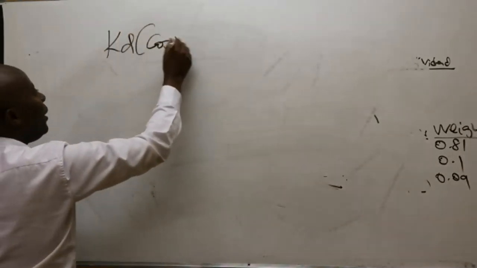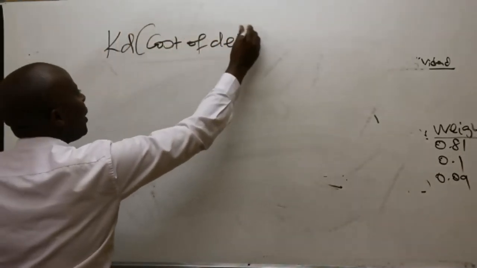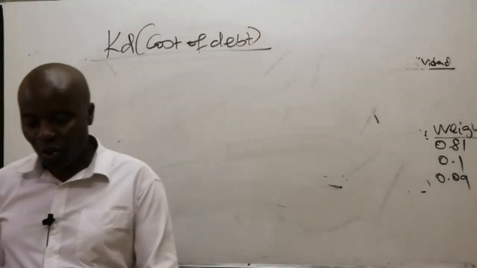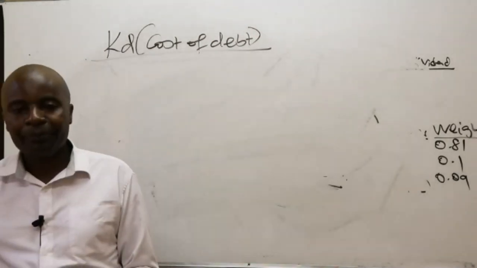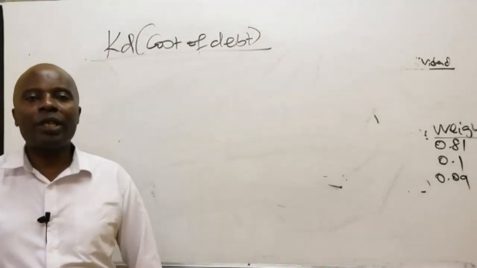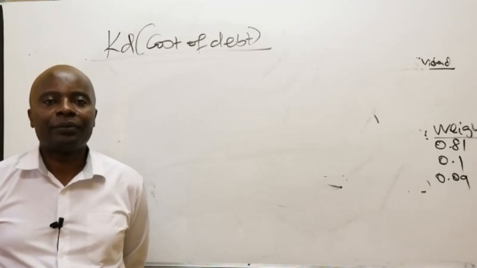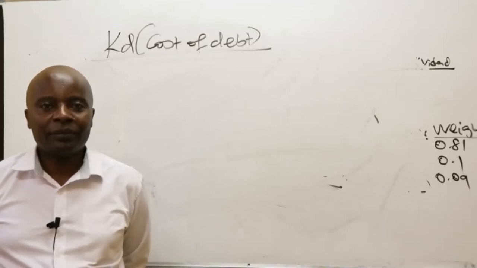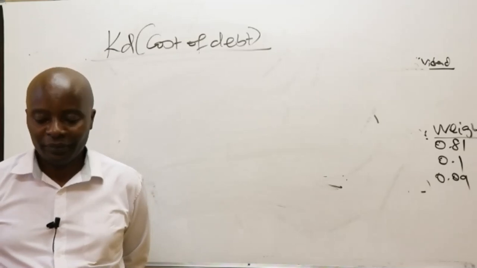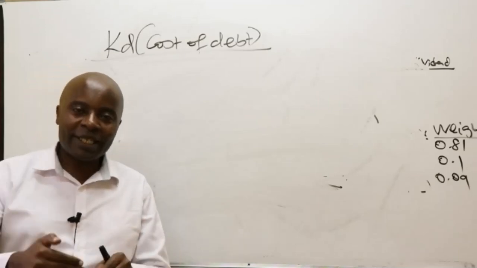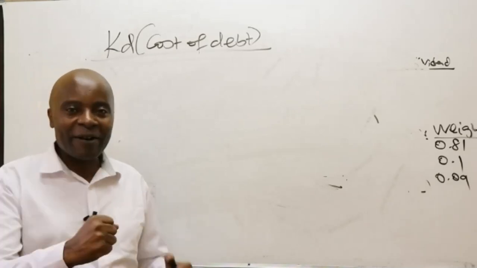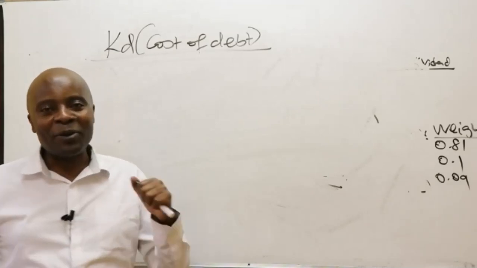So we have here the cost of debt, my good students. As a quick reminder, give us the formula. Cost of debt equals what here, somebody? We're also using these sessions to revise and knock on our memories a little bit here and there.